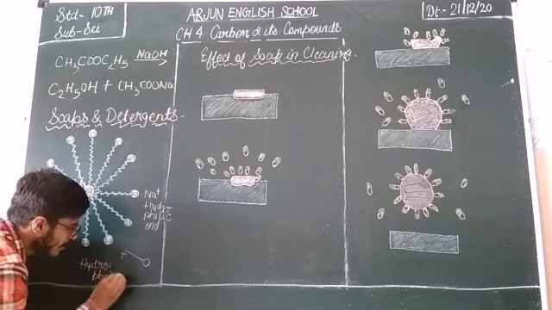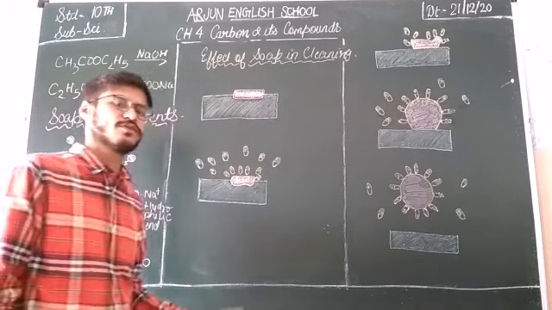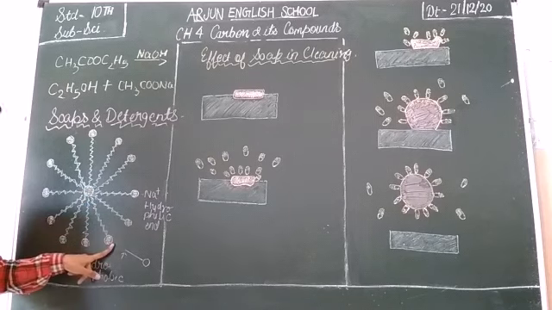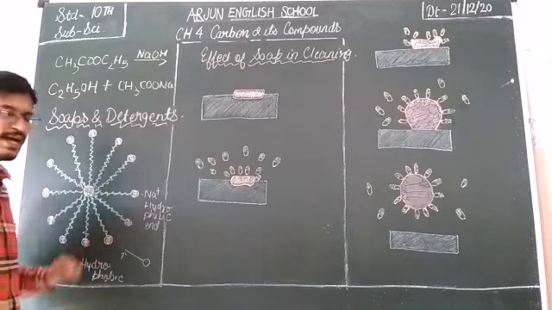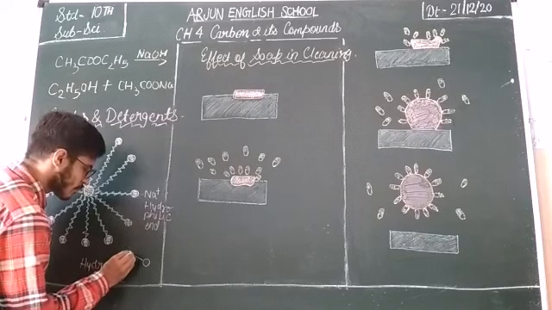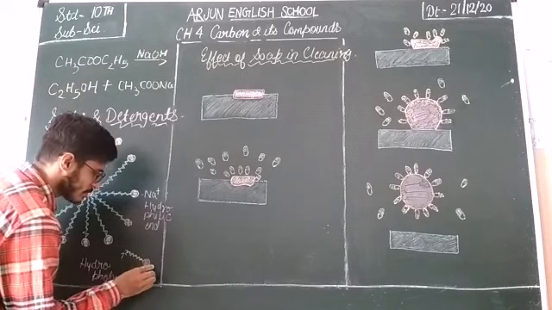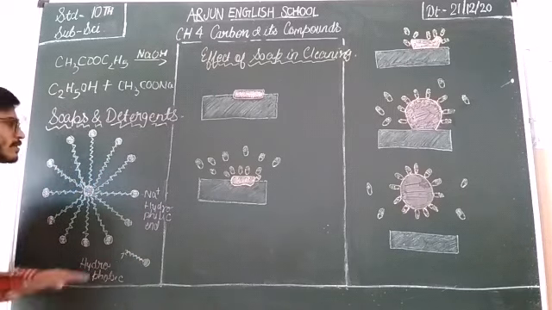It is understood by the name. You know the meaning of phobia. What is phobia? Fear. So this one is afraid of water, that is why it is away from water, and the hydrophilic end will interact with water. This is hydrophilic and this is hydrophobic.